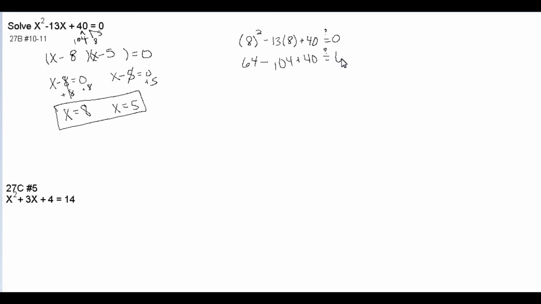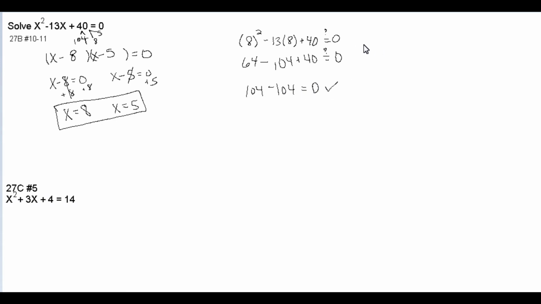Is that equal to 0? So 104 is negative, so 64 plus 40, I'm going to do these positive ones. 64 and 40 is 104. And then subtract this 104. And yes, that equals 0.